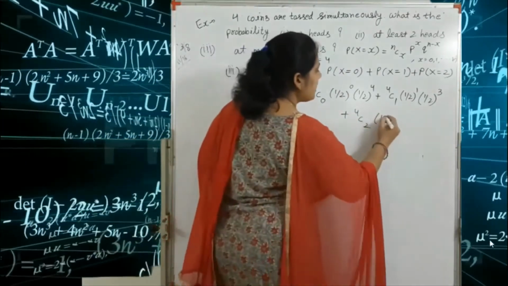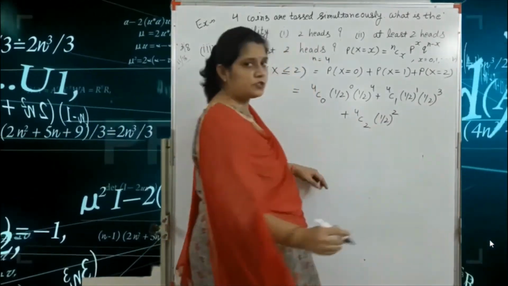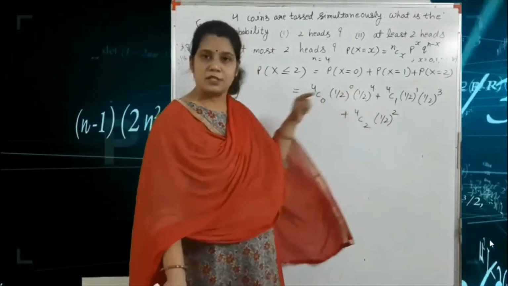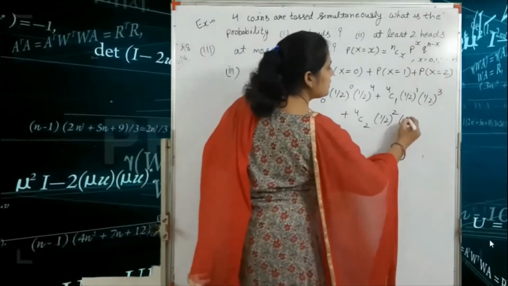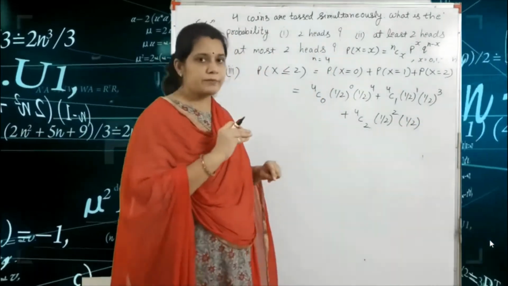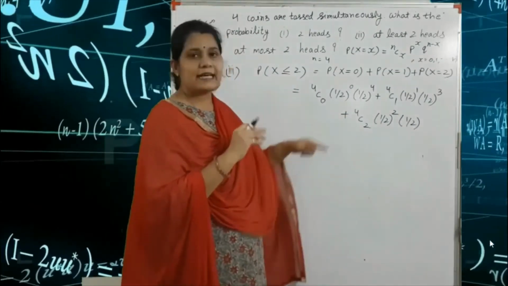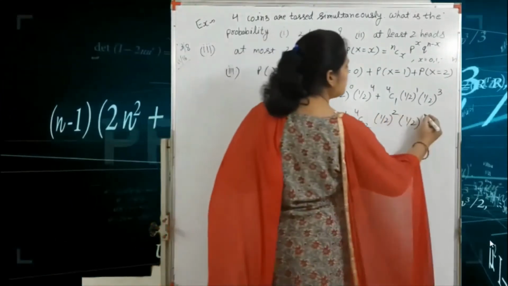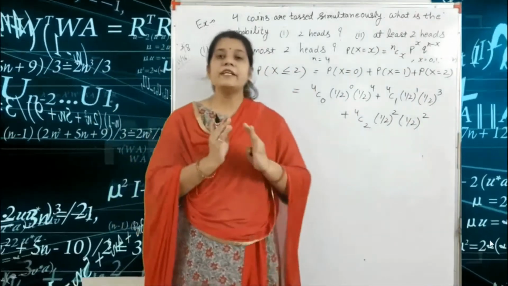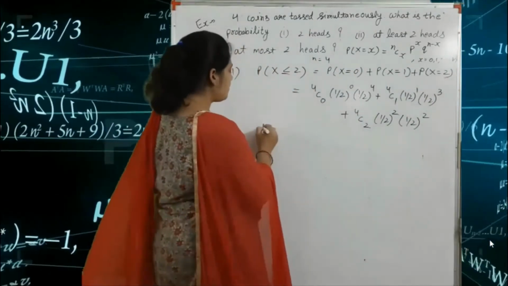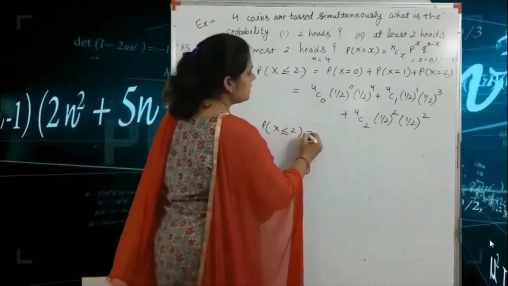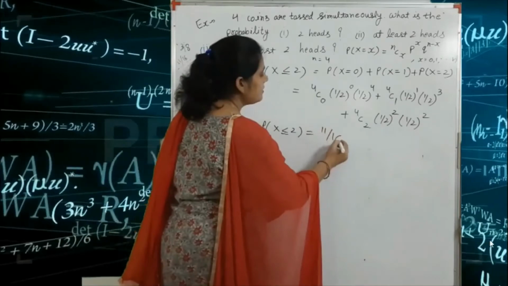Here we write (1/2) raised to the power 2, because x is equal to 2, and q raised to the power n minus x. So q is also 1/2 and n minus x, that means 4 minus 2 is equal to 2. Okay, so solve this step and we get the value of the probability of x ≤ 2 equal to 11/16.